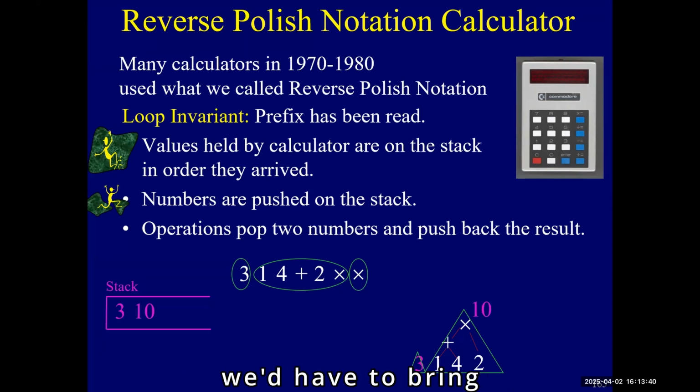To do it fancier, we'd have to bring in context-free grammars, and I don't think it's worth it. Even if it's not a linked list, you've got to somehow find the split, right? And then you get your left friend to build this and your right friend to build this, and then you build your tree. And just off the top of my head, I don't know how I would find that split.